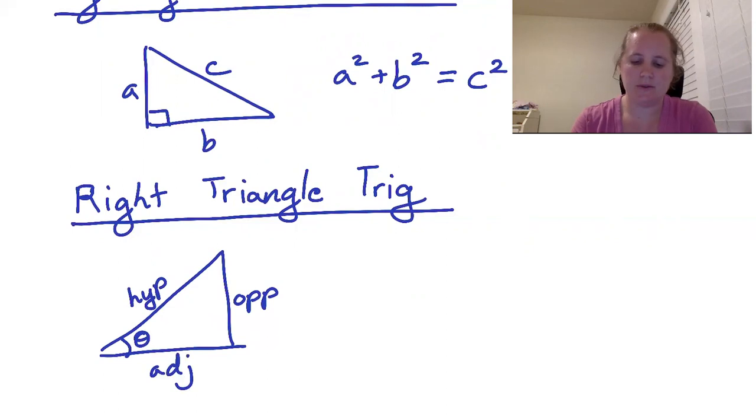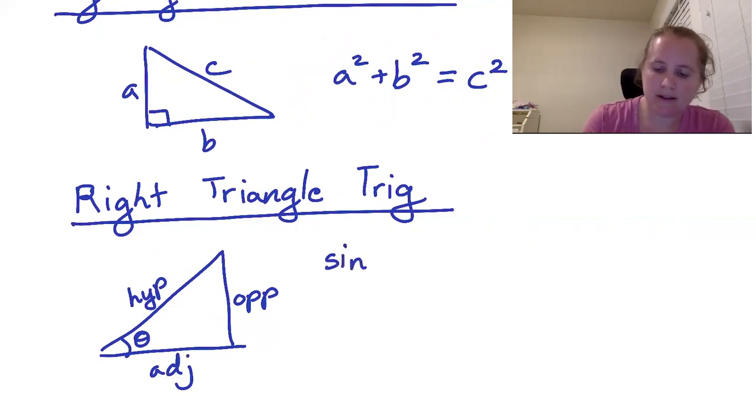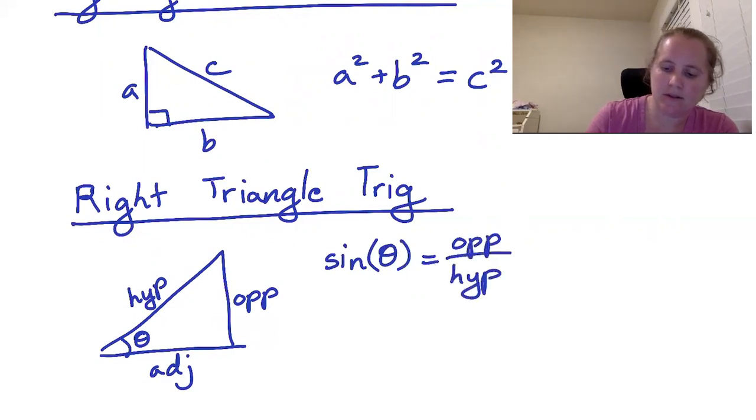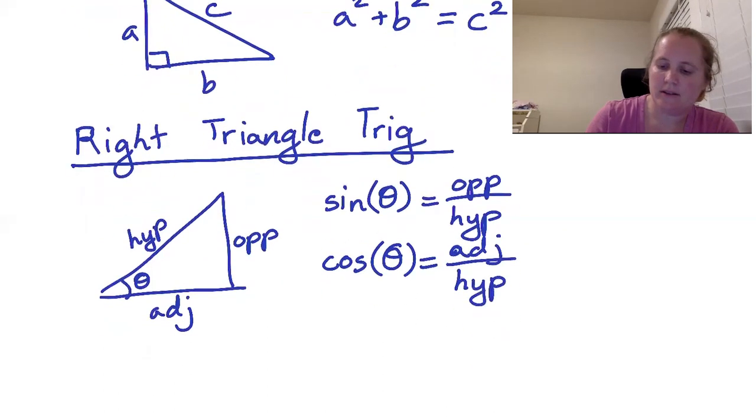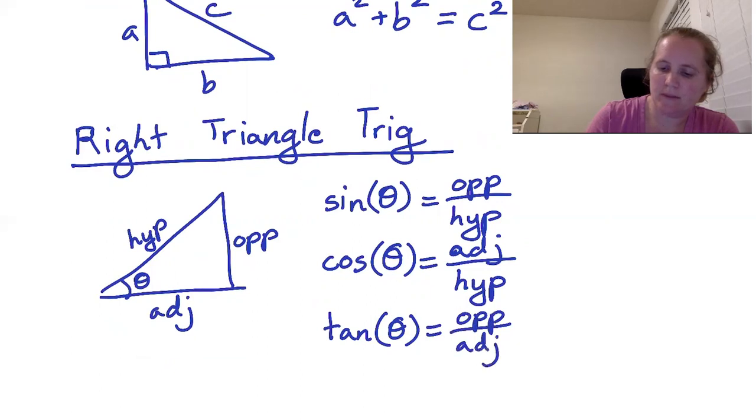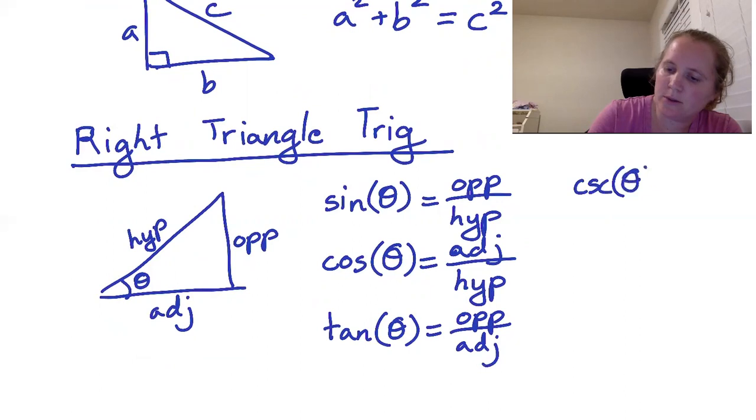Just a reminder, sine of theta is opposite over hypotenuse. Cosine of theta is adjacent over hypotenuse. Tan theta is opposite over adjacent. And then cosecant is the reciprocal of sine.